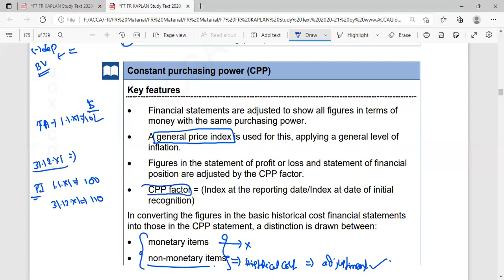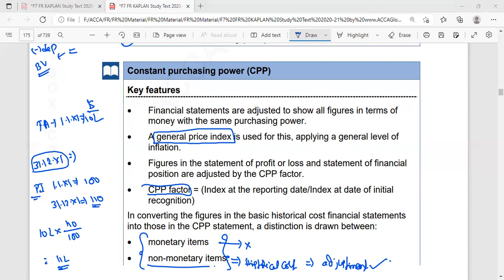Then what is the value to be considered on 31st December 20X1 as per constant purchasing power? 10 lakh into the CPP factor. The CPP factor is the index at the reporting date, the date on which the financial statements are prepared, which is 110 by 100. So that is 11 lakhs. In this way, the CPP factor is applied.